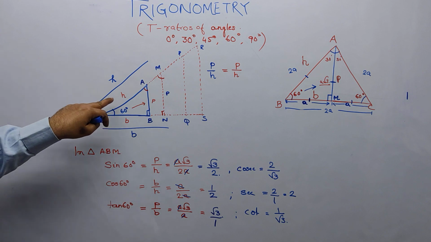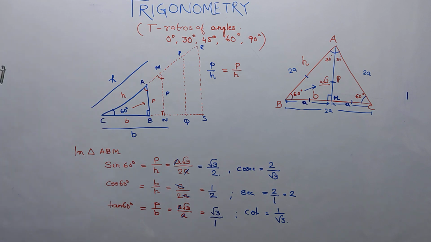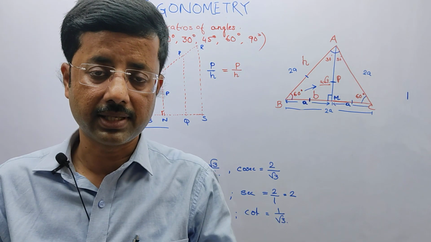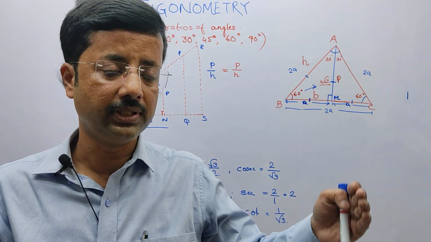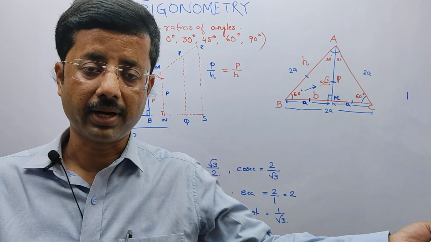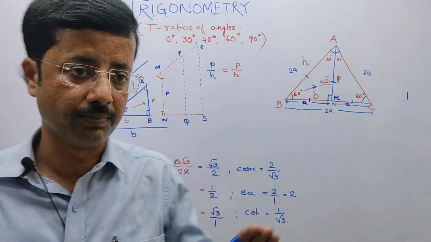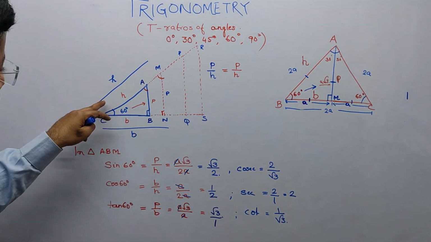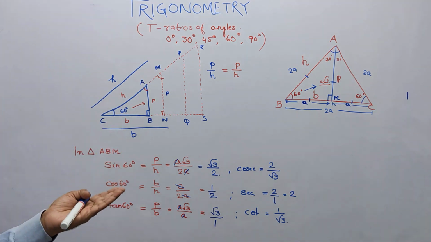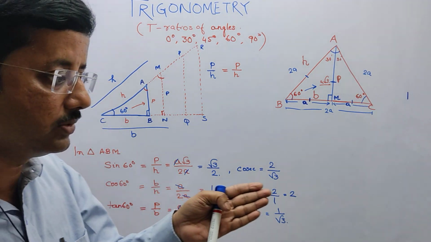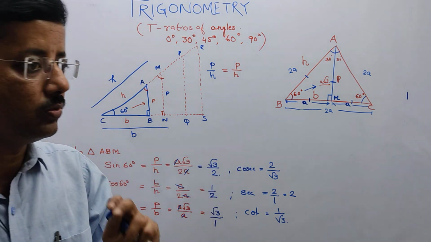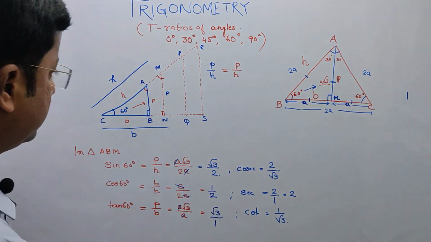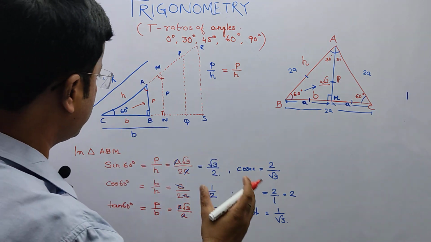Similar triangle means what? If the two triangles are similar, then we know that the corresponding ratios of the corresponding sides of the similar triangles are also equal. This we have studied in the similarity of a triangle.